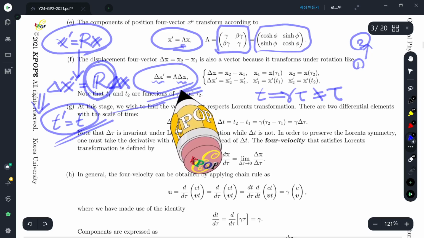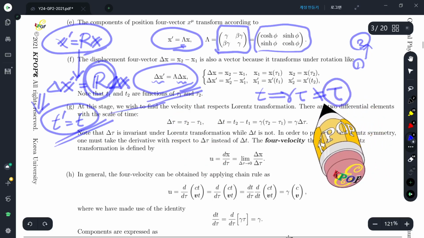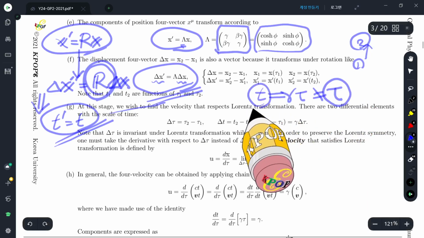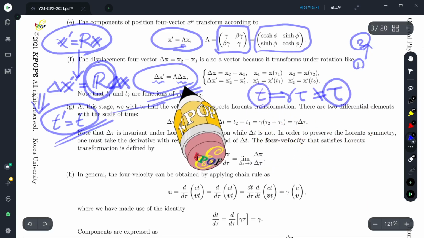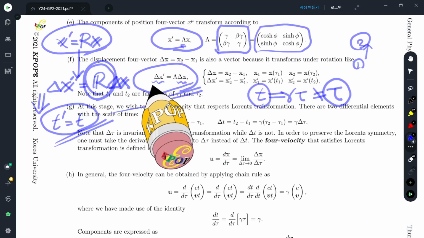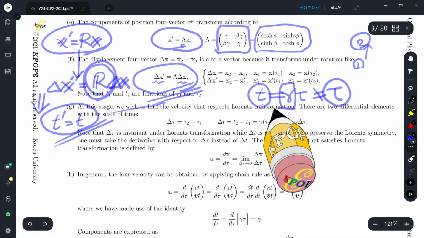The time scale that does not depend on the frame of reference is the proper time instead of the time, because time in here and time in here are defined in a different way with the multiplicative factor gamma.